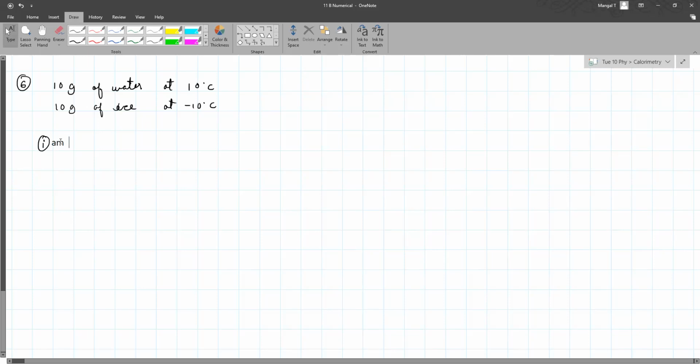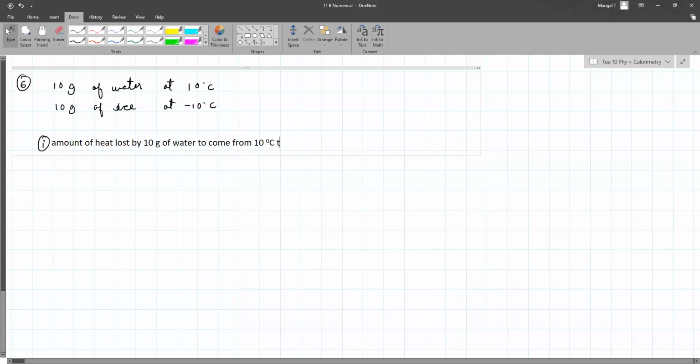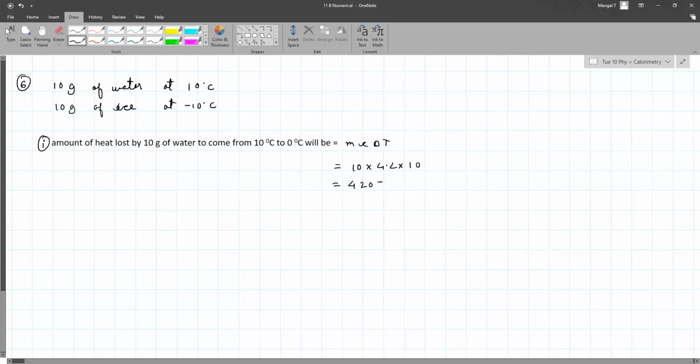So amount of heat lost by 10 grams of water to come from 10 degrees Celsius to 0 degrees Celsius will be equal to MC delta T, and that is equal to 10 into 4.2 into 10, that is 420 joules.